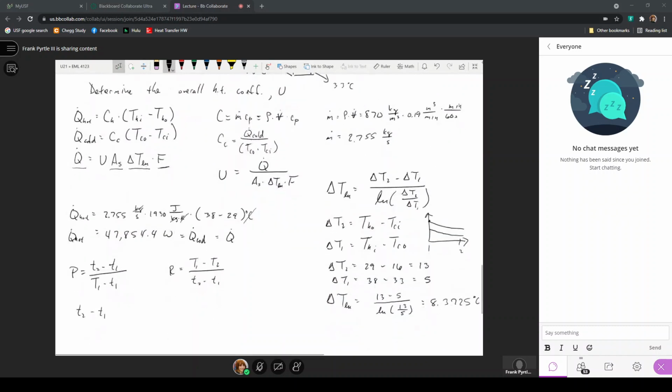So actually I'm going to write this. The lowercase t is for the tube fluid, and uppercase T is for the cross flow fluid.